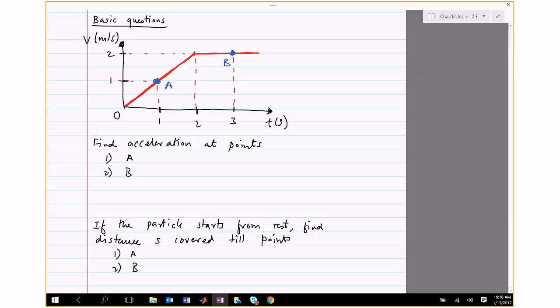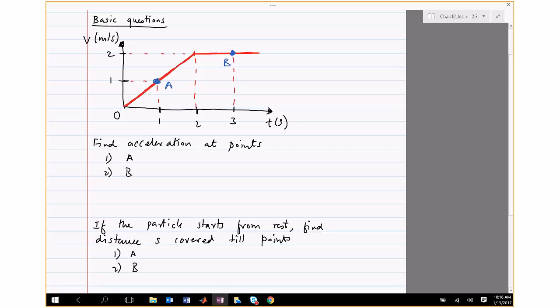What I would like you to do is first do it yourself and then check your answer with the person to your right. The guy who's on the extreme right can talk with the person on the left.